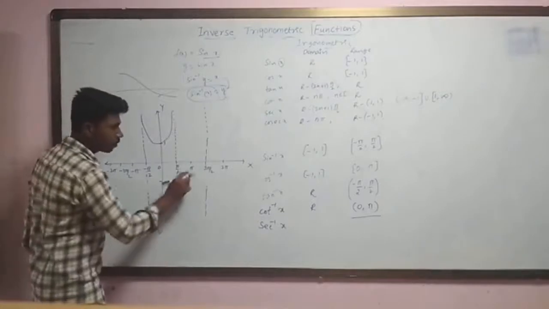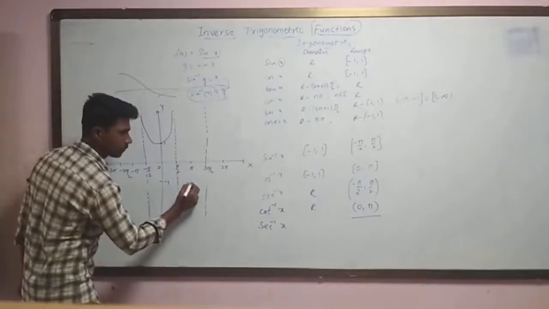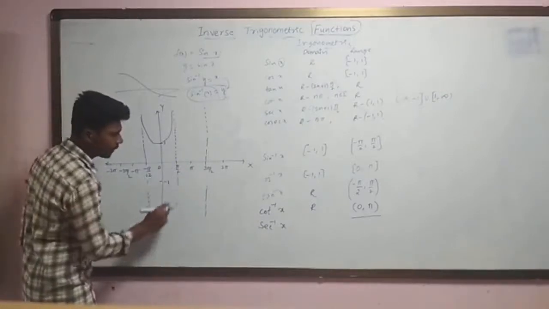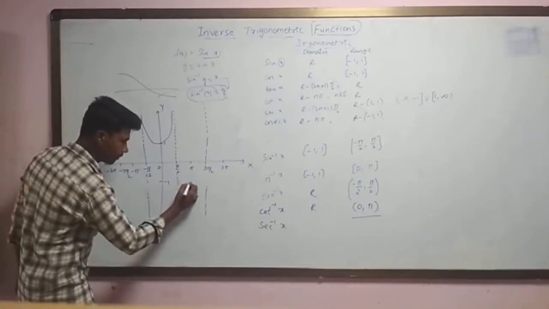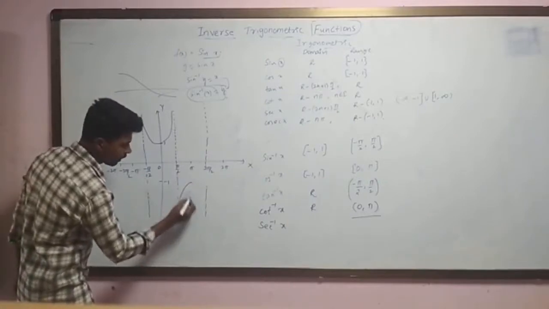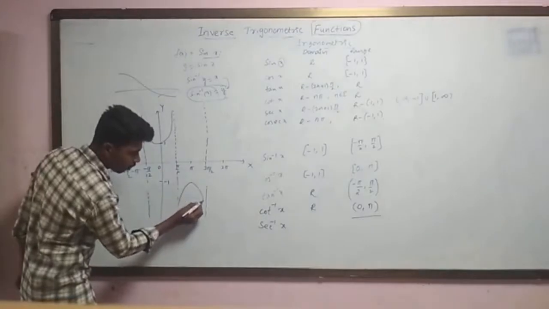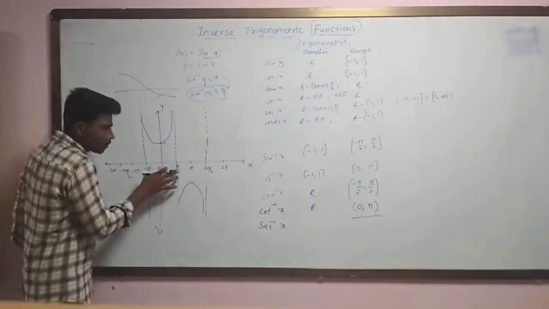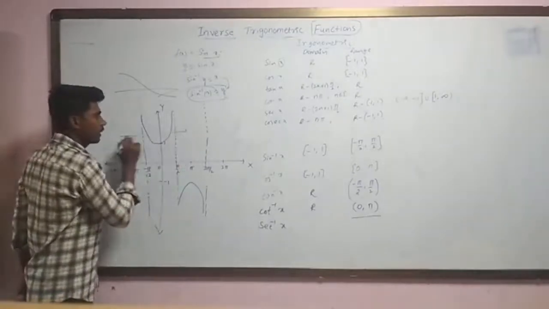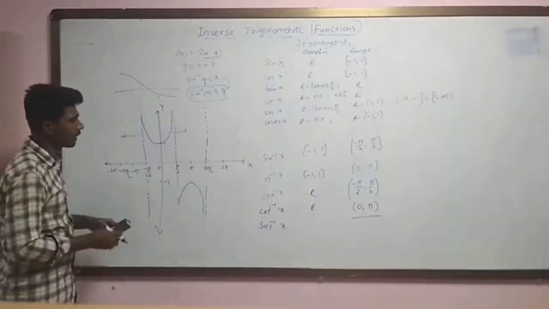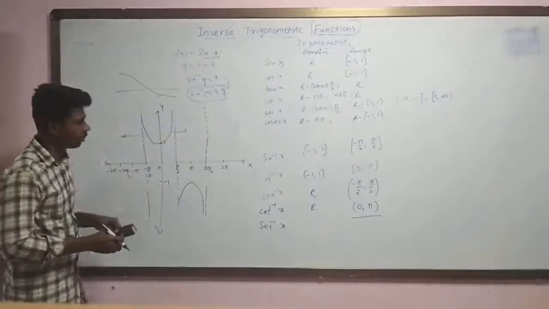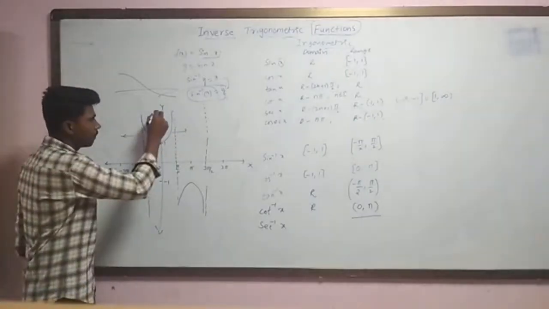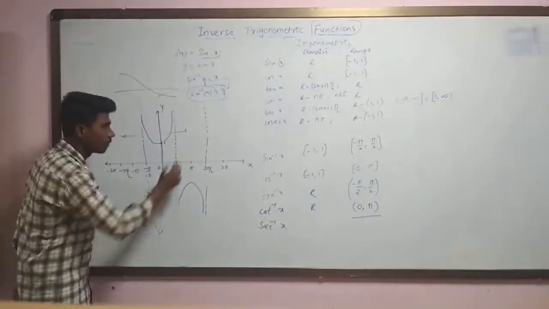Secant pi is minus 1, secant pi by 2 is not defined, and secant 3 pi by 2 is not defined. Between minus pi by 2 and pi by 2, it doesn't act as one function, so I cannot consider in between these two, but I can consider this particular portion.